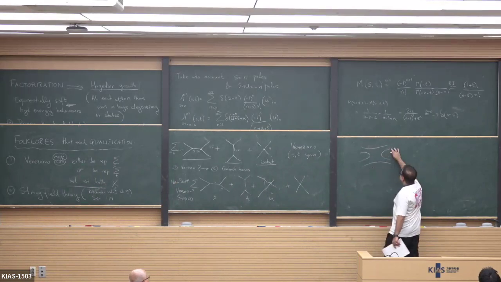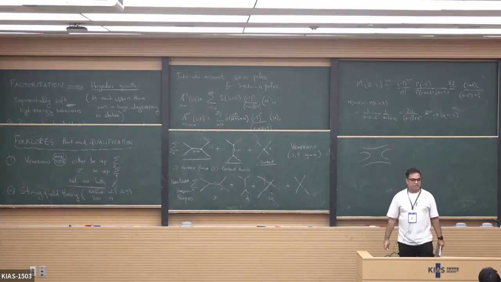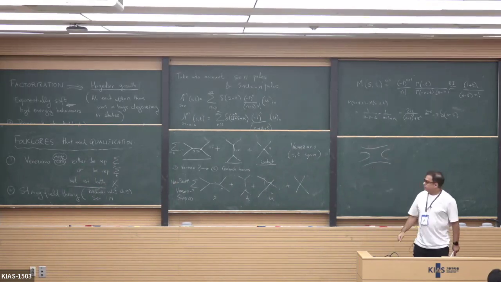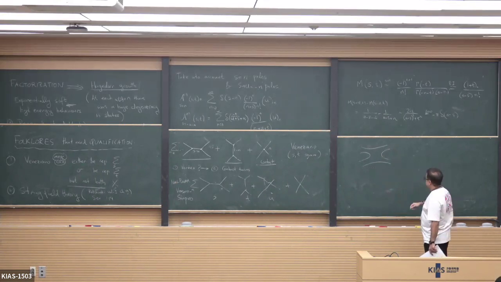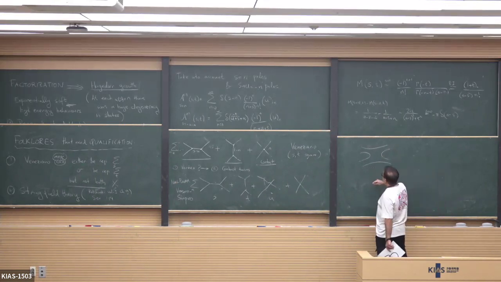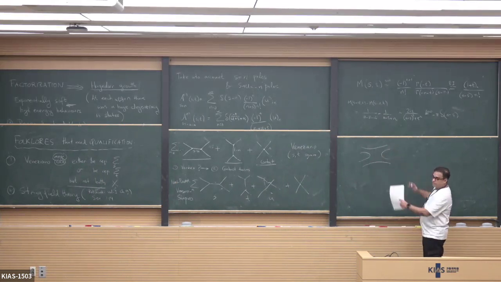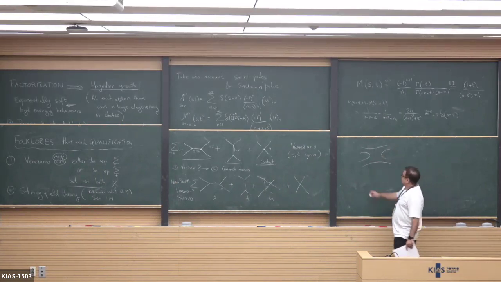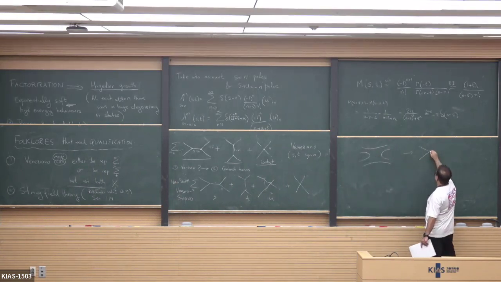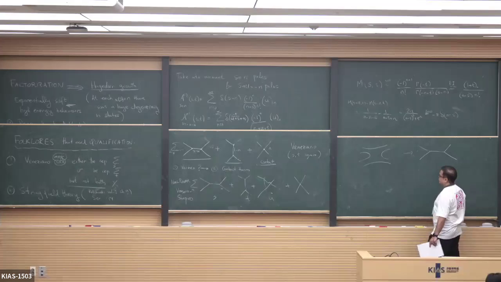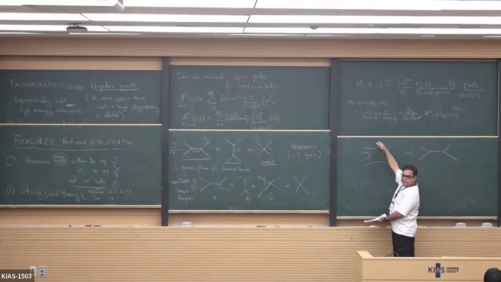You just need to know that string theory has a way of fattening up thin lines. So the Veneziano amplitude, why is it a sum over either the S channel or the T channel poles? Is because you have a picture like this. So in the thin string limit, you can think of this as this diagram. And now you stretch it out.